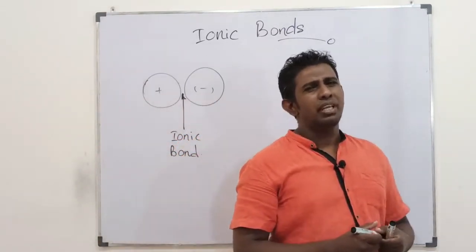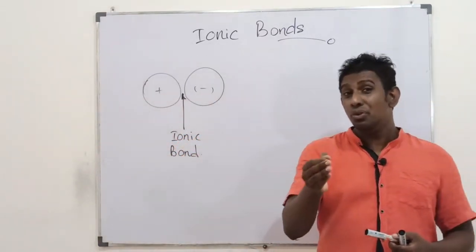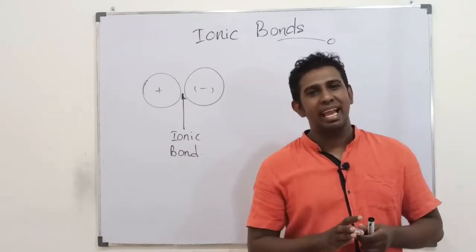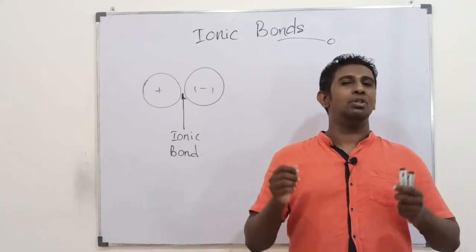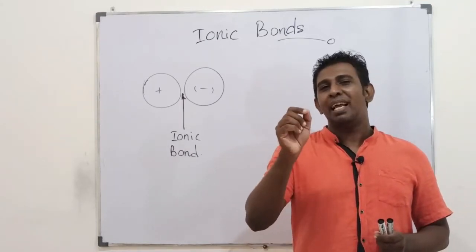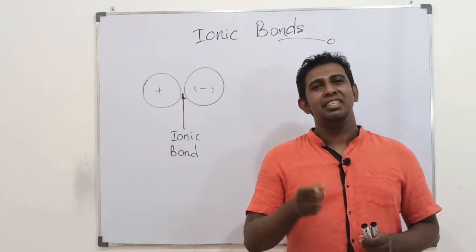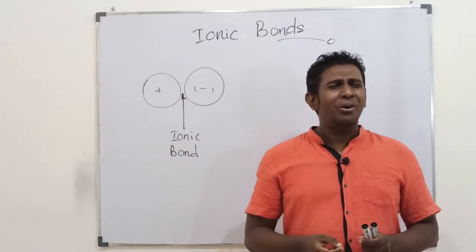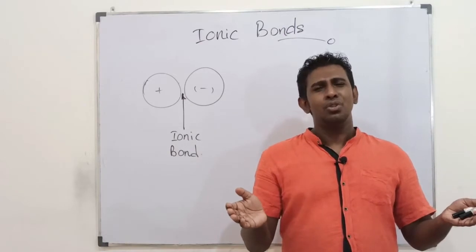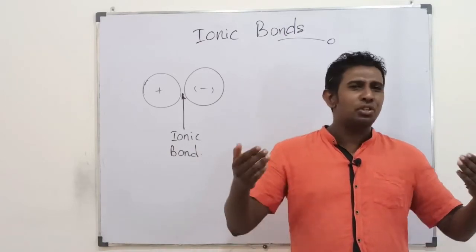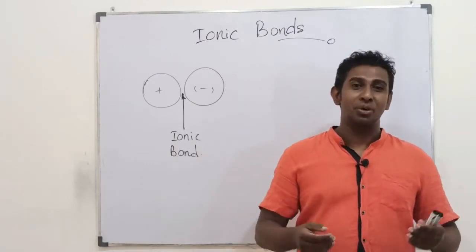Okay. If I ask you for an example standing for an ionic bonding or ionic compound, what would you reply? Let me guess. It is sodium chloride. Most students first come up with sodium chloride. Not most students, all.